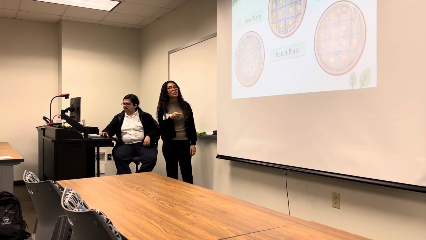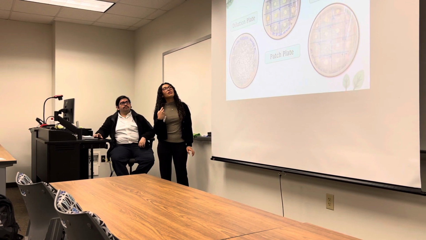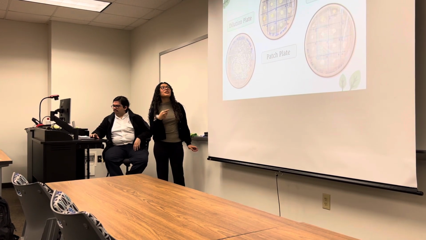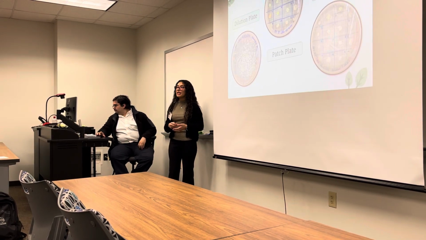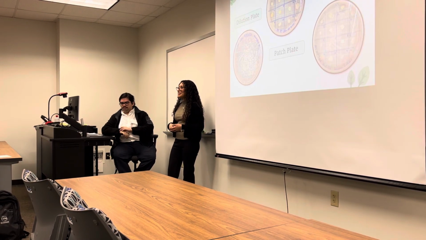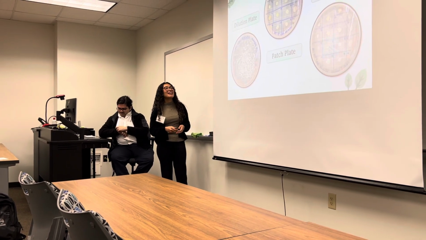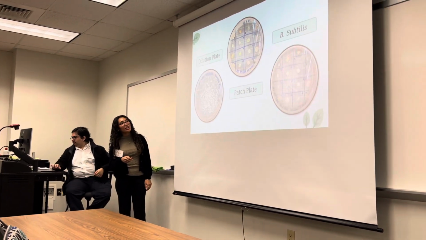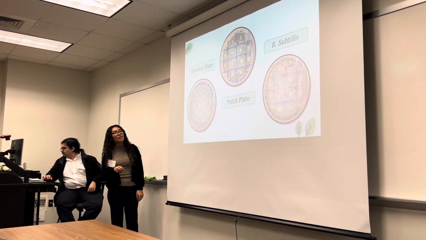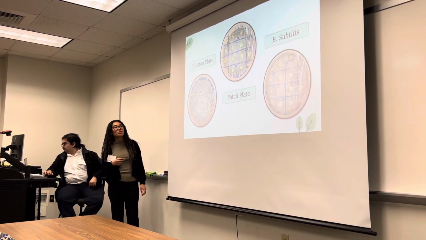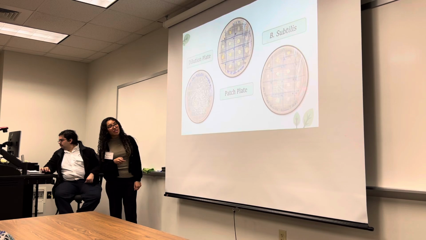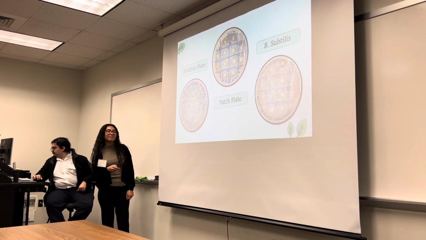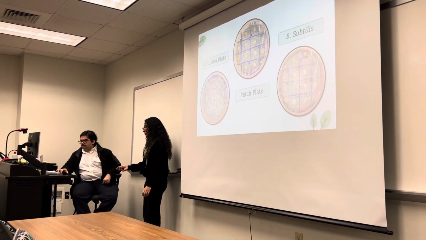And then from this patch plate, I tested against 3 of the ESKAPE safe relatives, B. subtilis, S. epidermidis, and E. coli. As you can see right here, there seem to be signs of antibiosis. It is creating a sort of barrier around that isolate, as well as one, and you can't really tell in 16, but it is as well.